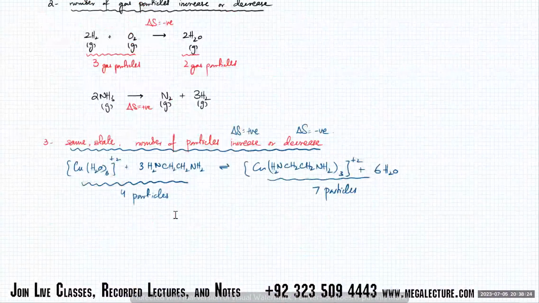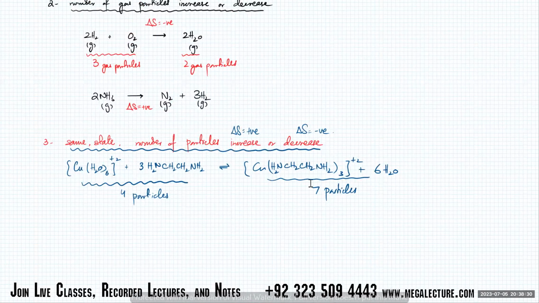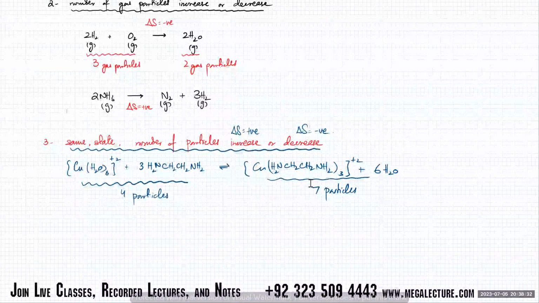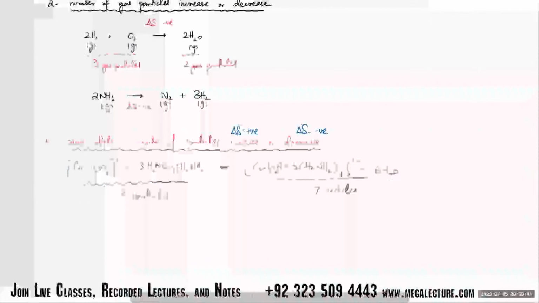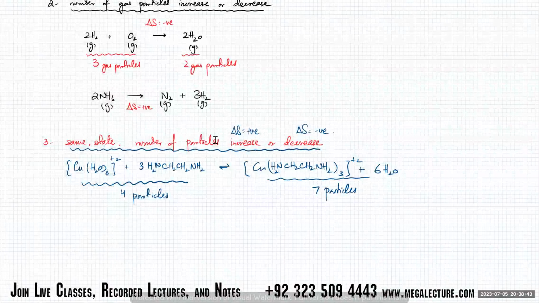Then if in an equation you've got the same state of particles, and you're being asked whether there is a gain or a loss of disorder, you just count the number of particles. If you had 4 particles initially, now you've got 7 particles, so that's an increase in disorder. The more particles you have, the more disorder is going to be created.